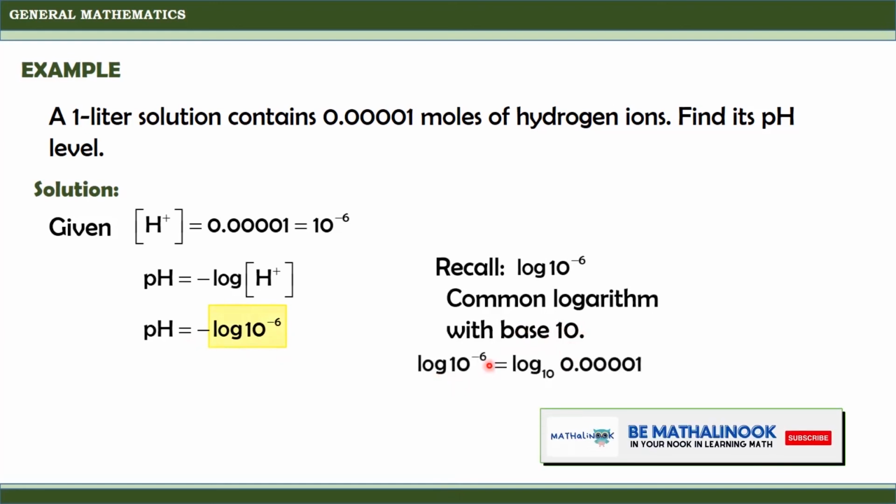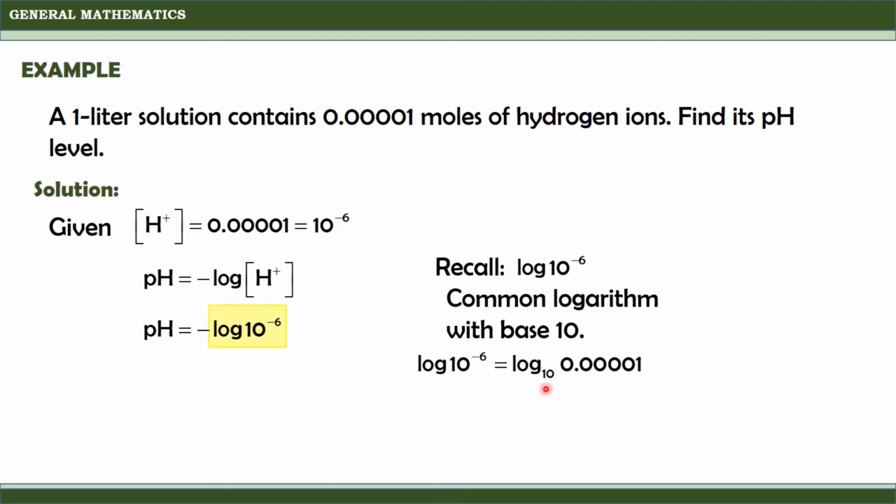Logarithm of 10 raised to negative 5 is equal to logarithm of 0.00001 to the base 10. The question would be, what is the exponent of 10 to become 0.00001? From here, we can see that logarithm of 10 raised to negative 5 is equal to negative 5.